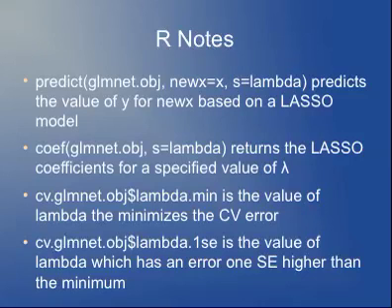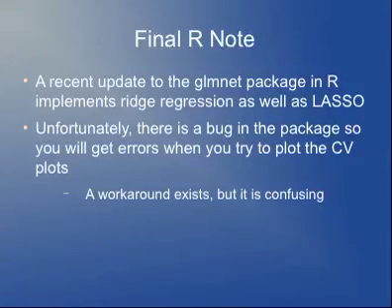And as I alluded to earlier, if you don't like the lm.ridge command, and frankly I don't, in the past year or two, they've updated the glmnet command so that the glmnet command will also fit ridge regression models in addition to lasso models.